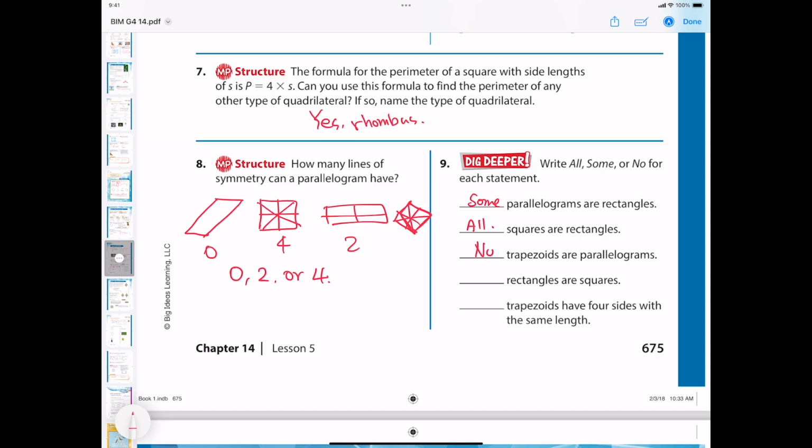No, because a trapezoid has only one pair of parallel sides. Rectangles are squares? No. But squares are rectangles. So it's no.